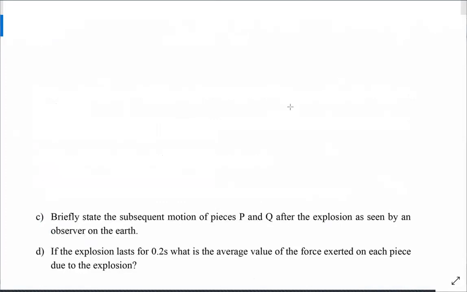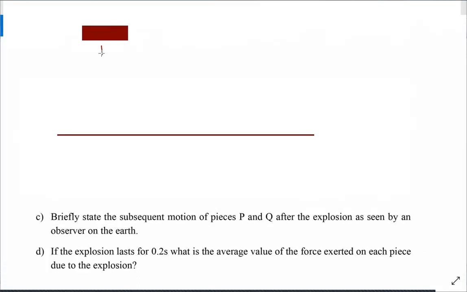What is the velocity of Q? The velocity of Q is 0. So it means he will tell us Q is falling downward freely under the gravity.